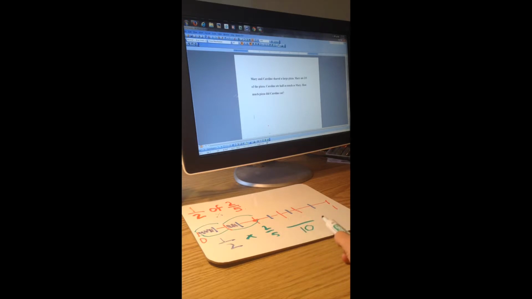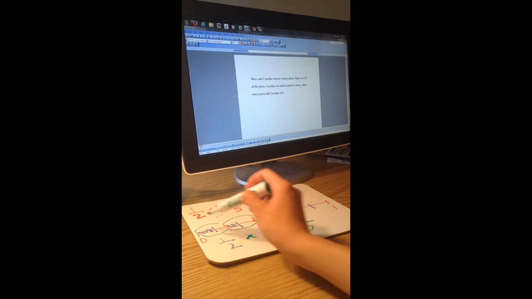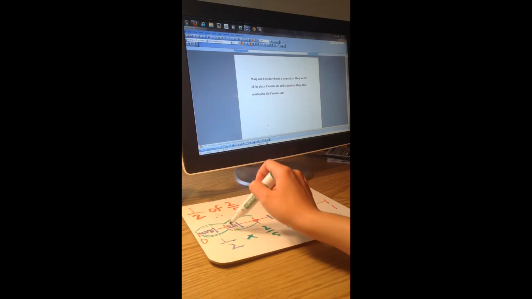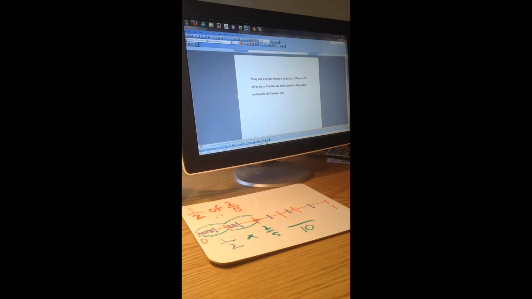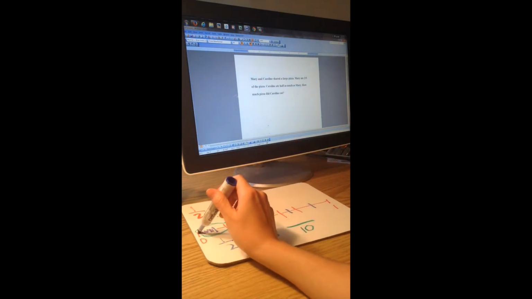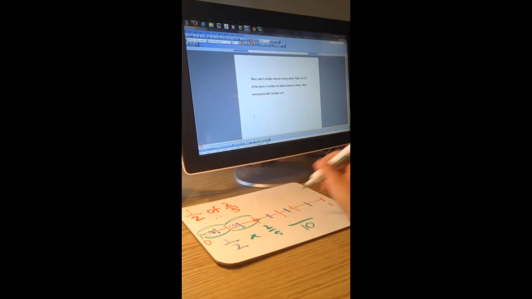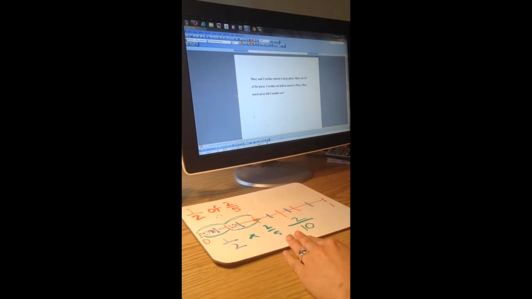That is 10. Then on the top, we know that there are 2 pieces, or 2 people. 1, 2 for Caroline, and 1, 2 for Mary. So that is 2.